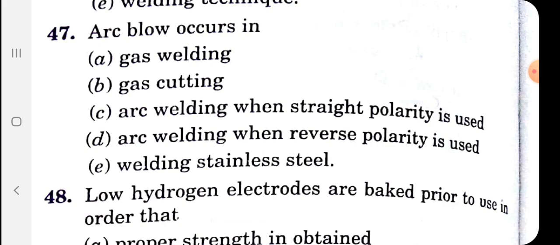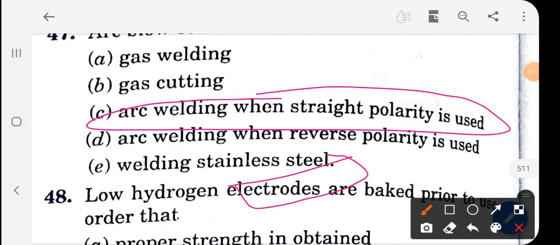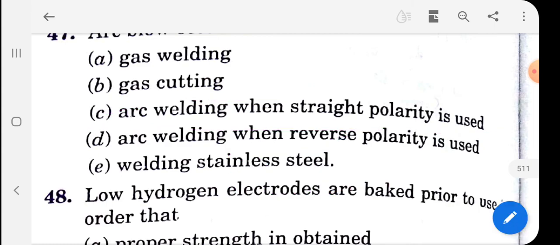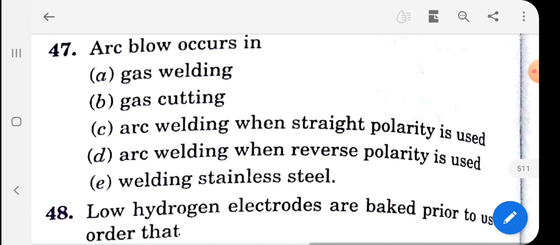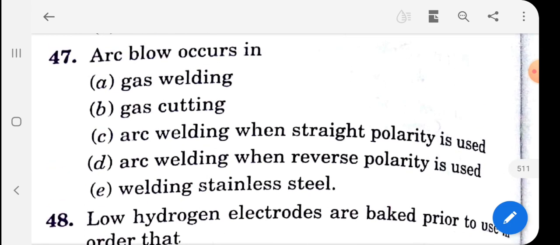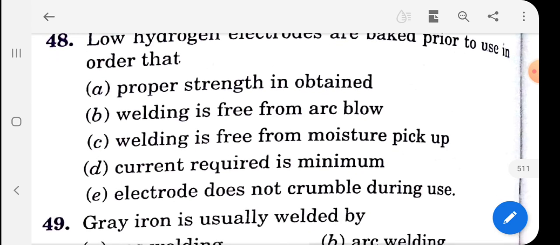So this is the 47 is C. Because in straight polarity more melting takes place, like a pool of metal, and even with less velocity it will sprinkle outside. So straight polarity, 47 is C.